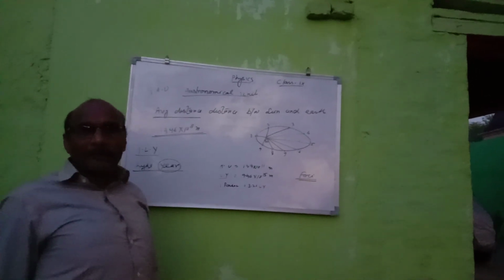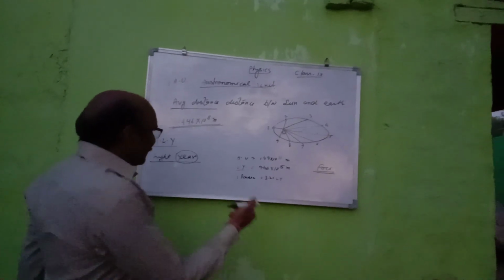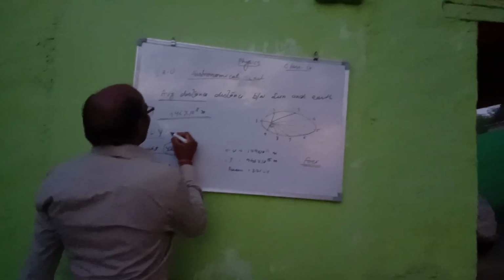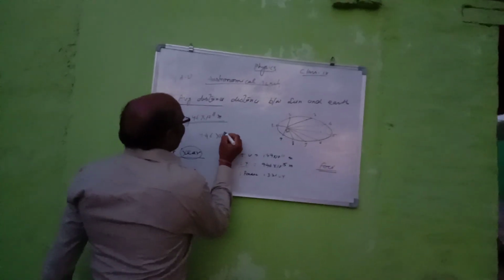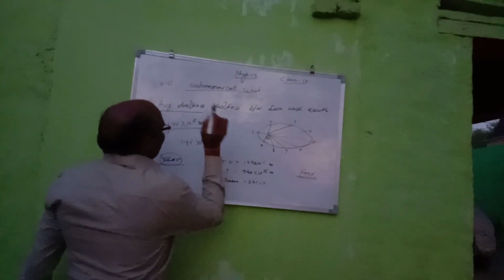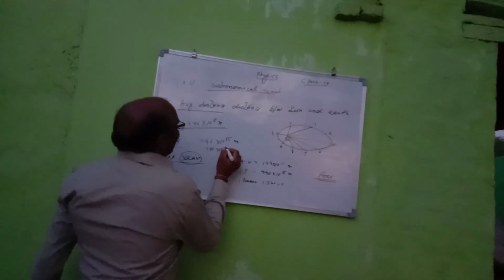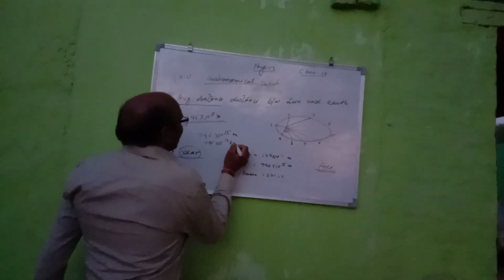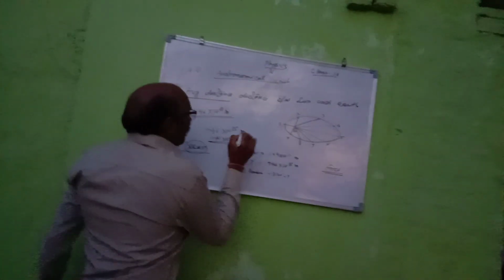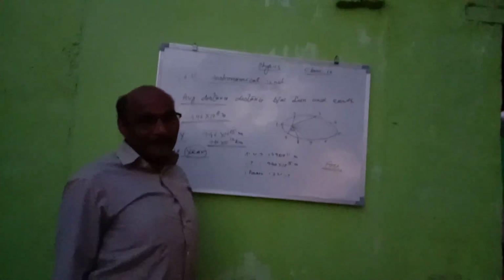1 light year, the distance covered by light in 1 year, is approximately equal to 9.46 × 10^15 meter, or 9.46 × 10^12 kilometer. This is the distance covered by light in 1 year. This is called 1 light year.